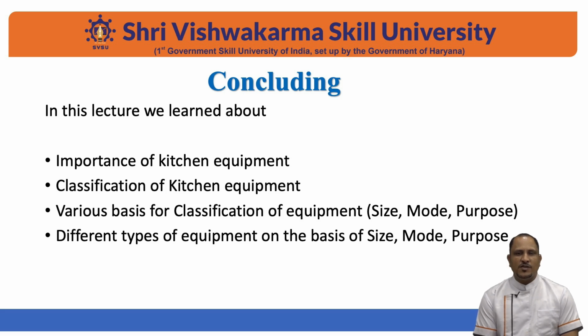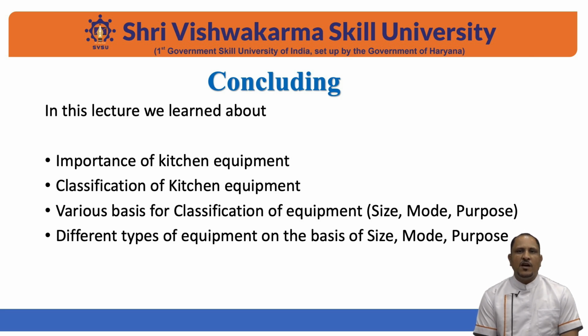We talked about three bases for classification of kitchen equipments, which are size, mode of operation and purpose. We also discussed the different equipments that come under various categories on the basis of size, mode of operation and purpose of the equipment.